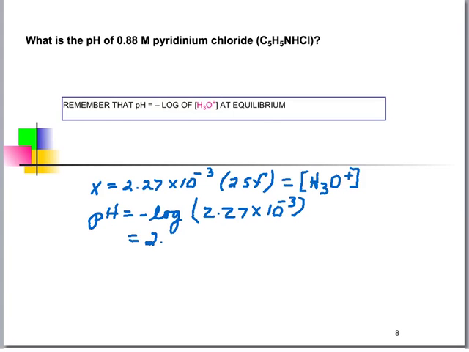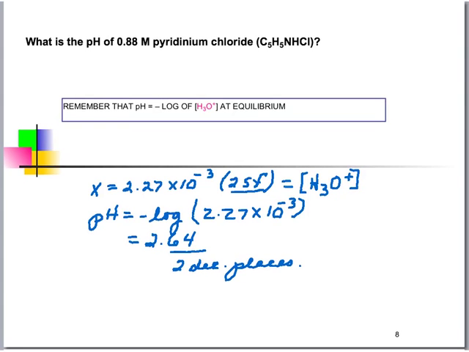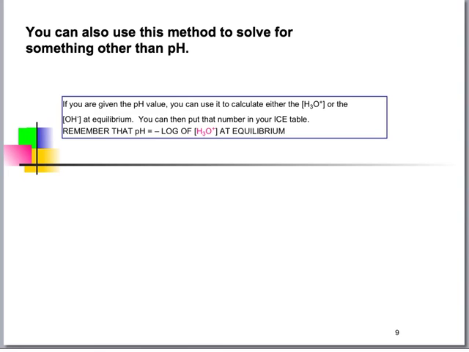That comes out to 2.64, which is 2 decimal places because there were 2 significant figures. As usual, you can use this method to solve for something other than pH if needed.